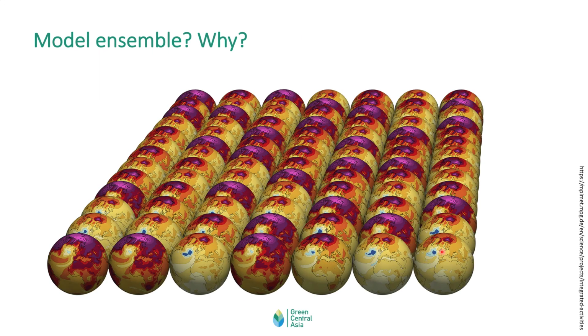And usually we use an ensemble of climate simulations instead of just running one simulation for the future, which means we are more democratic in weather forecasting. If we have more than one climate simulation, we can decide better how the climate will look.